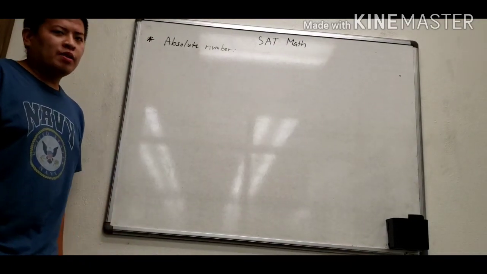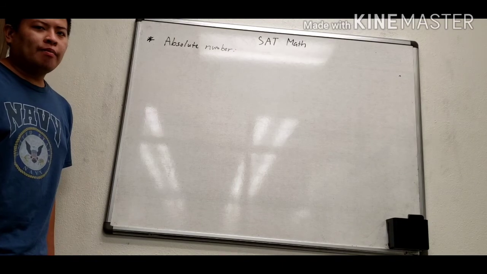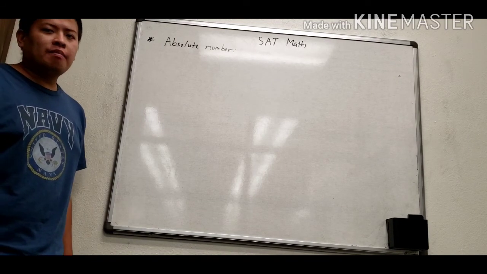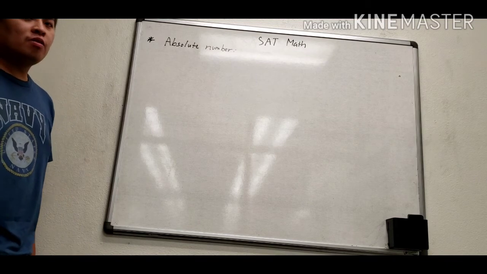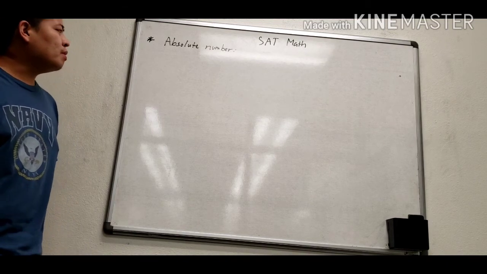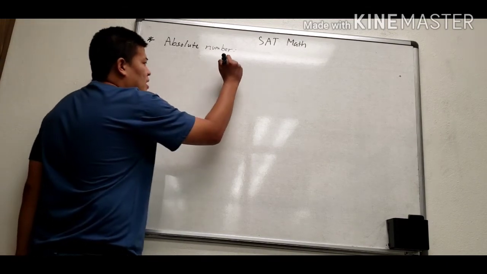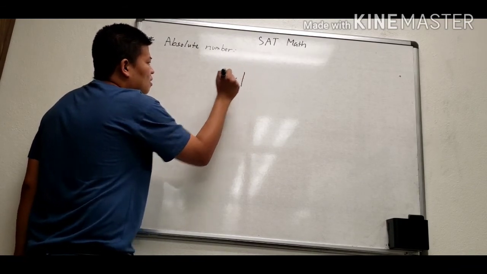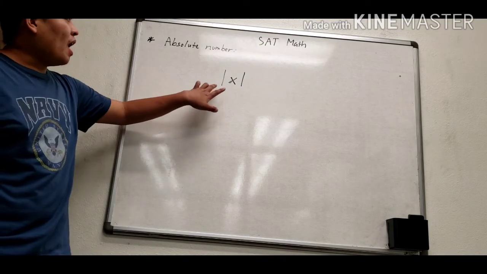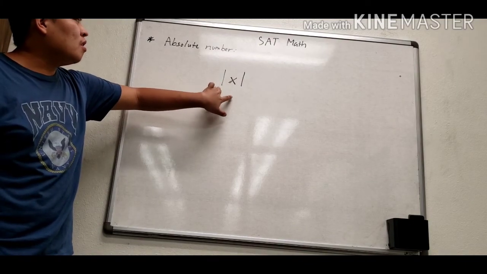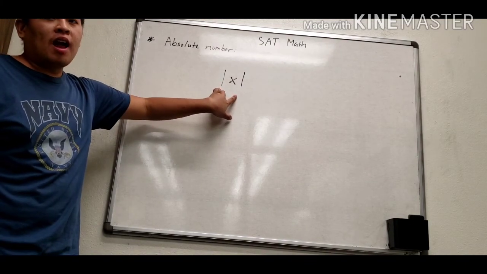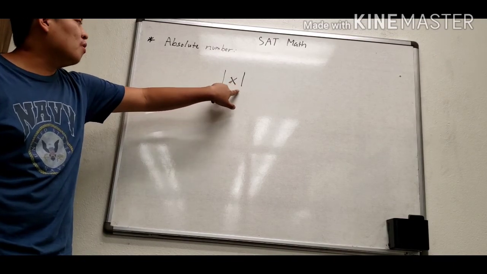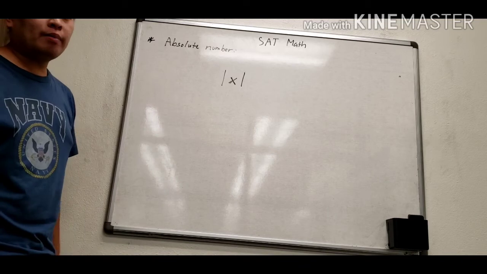So today I will talk about the absolute number. Absolute number will appear many times on the SAT math and we need to learn how to do it. This is the basic one. The absolute number we have the two vertical lines like this, and we have the x inside the two vertical lines. That's about the absolute number.